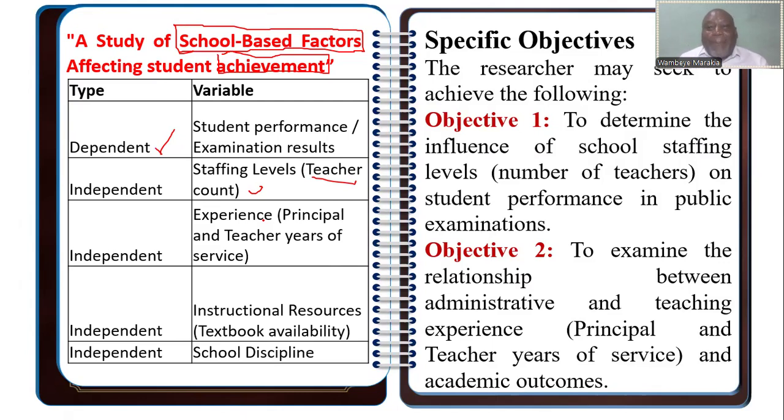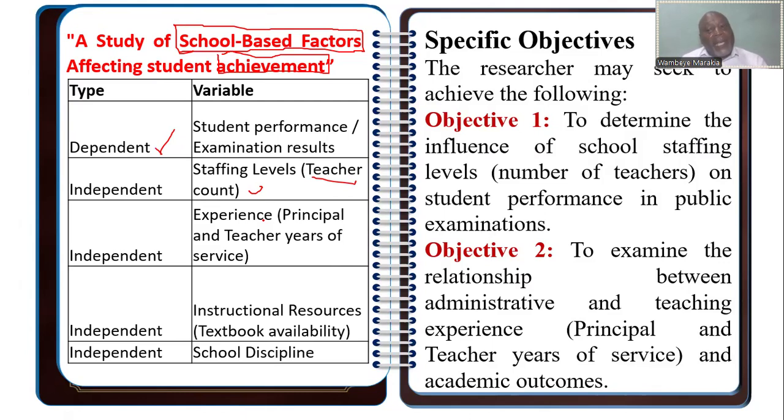Now, the specific objectives I'm having, I'm getting from the independent variables. So the first objective is to determine the influence of school staffing levels, that is the number of teachers on duty, on student performance in the public examinations.